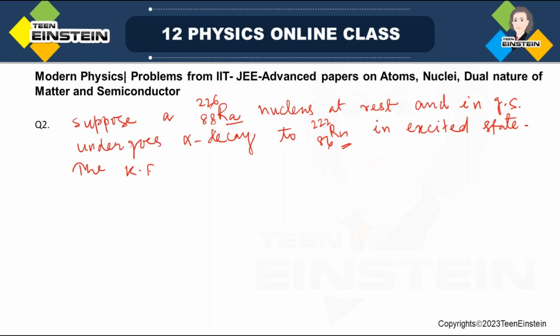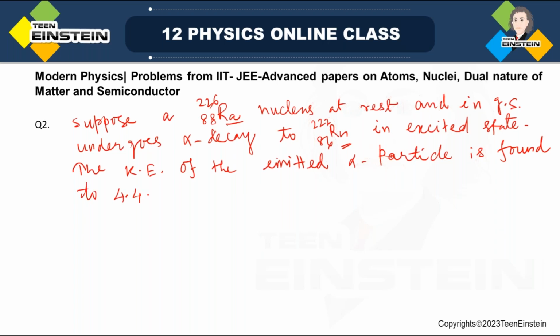The kinetic energy of the emitted alpha particle is found to be 4.4 MeV.